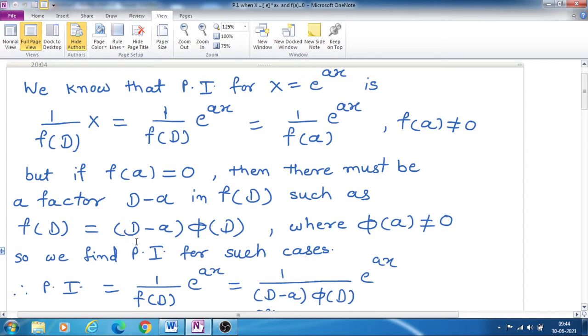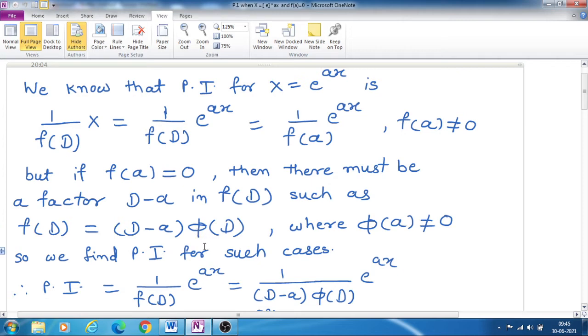If we put here D is equal to a, then this is a minus a, that is 0, and this f(a) becomes 0. When we put D equal to a, f(a) is equal to (a minus a) phi(a), but a minus a is equal to 0, therefore this becomes 0.